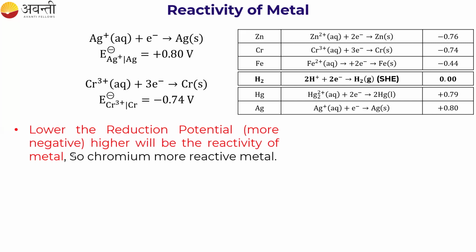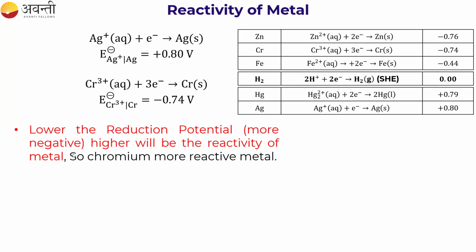Fine, you have understood. Good. Lower the reduction potential, higher will be the reactivity of metal. So chromium is the more reactive metal among these two.